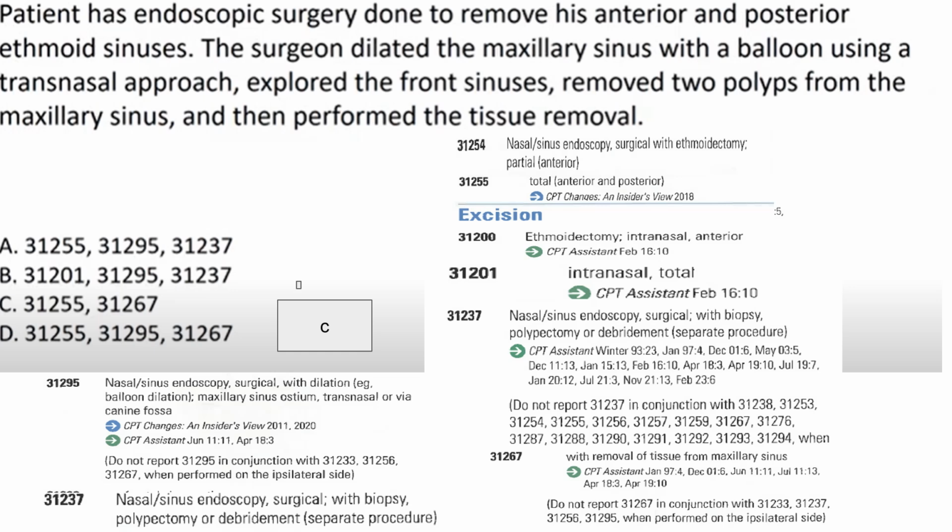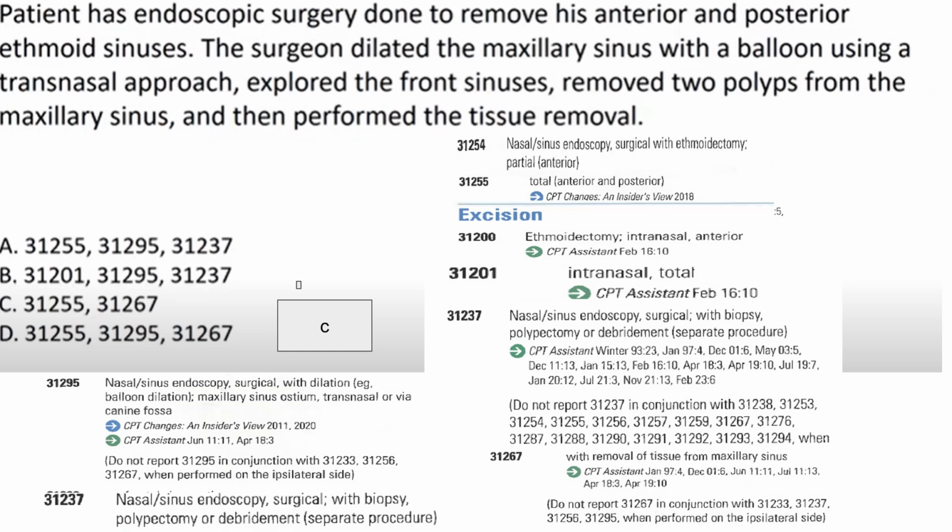Patient has an endoscopic surgery done to remove his anterior and posterior ethmoidal sinuses. The surgeon dilated the maxillary sinus with a balloon using the transnasal approach, explored the frontal sinuses, removed the 2 polyps from the maxillary sinus and then performed the tissue removal. So here what has happened is there is an ethmoidectomy. And how did it happen? It is by endoscopic surgery.